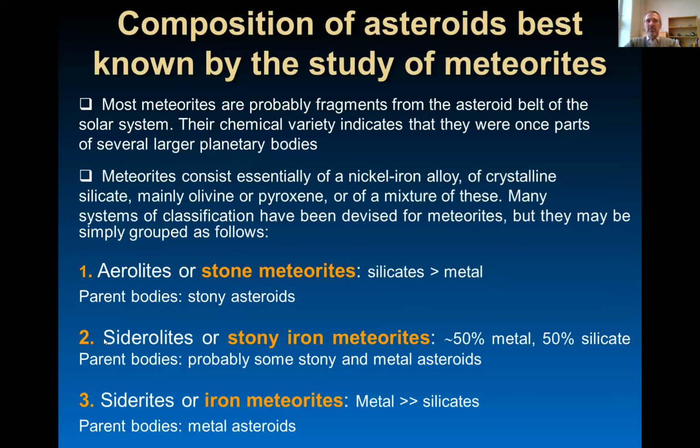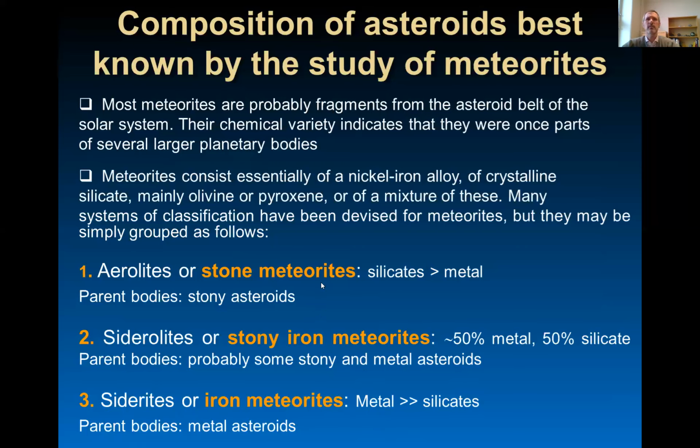The second type, the siderolites or stony iron meteorites, 50% metal, 50% silicate. The parent bodies are probably some stony and metal asteroids. Finally, the third type, siderites or iron meteorites. They contain more metal than silicates, and their parent bodies must be metal asteroids.